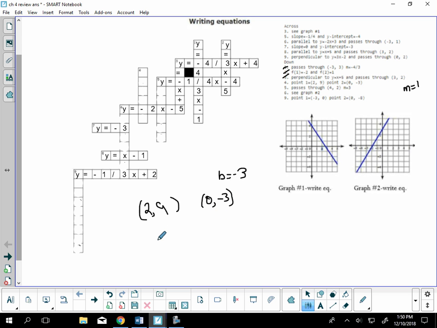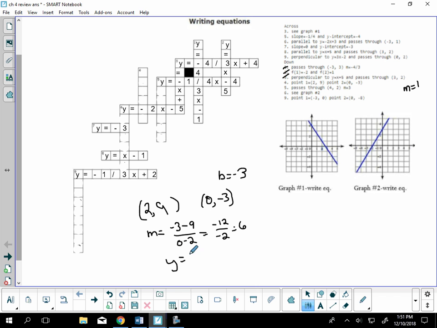I need to know my slope, though, so the difference of my y's, so -3 minus 9 over 0 minus 2, we get -12 over -2, which is 6.